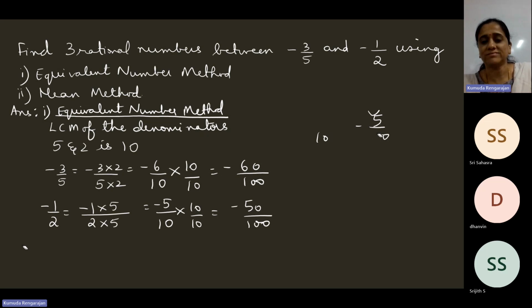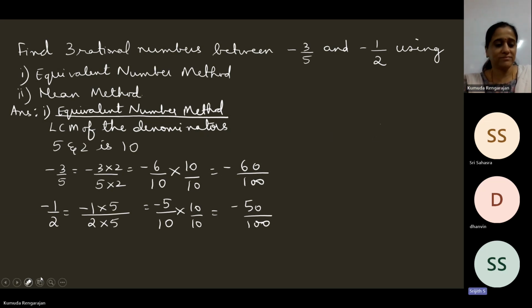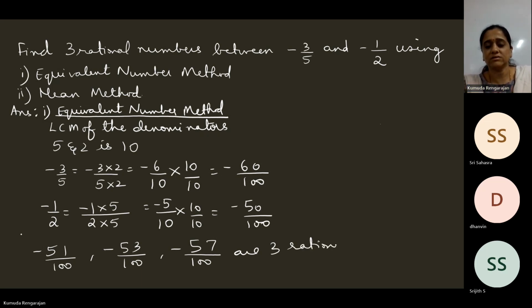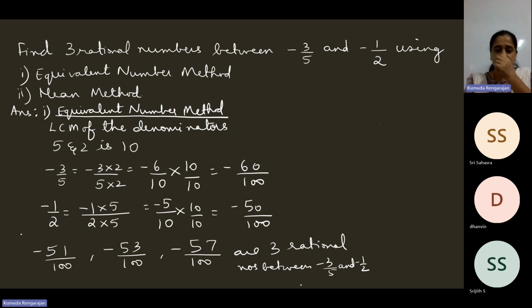So three numbers between them are minus 51 by 100, minus 53 by 100, minus 57 by 100. These are three rational numbers between -3/5 and -1/2.